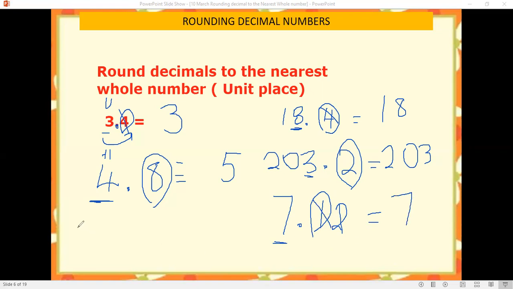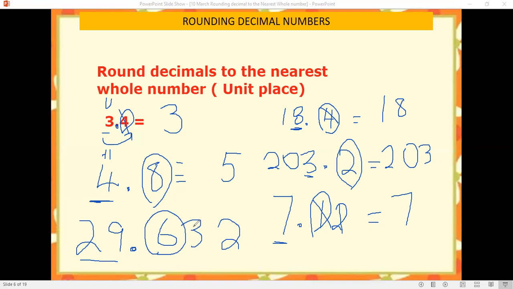Another again, 29.632. We have the 29, and we look to the next digit, which is 6. Ignore the rest. So 6 is 5 or more, so we will add 1 to the 29. Therefore, the answer is 30.